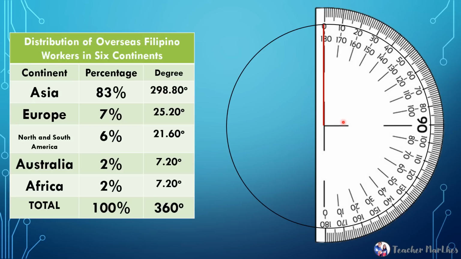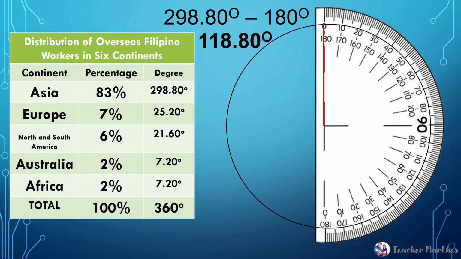Since 298.80 ang Asia, kailangan nating isubtract ang 298.80 degrees and 180 para malaman kung ilan pa ang idadagdag natin para mabuo ang part ng Asia. So 298.80 minus 180 is equal to 118.80 degrees.